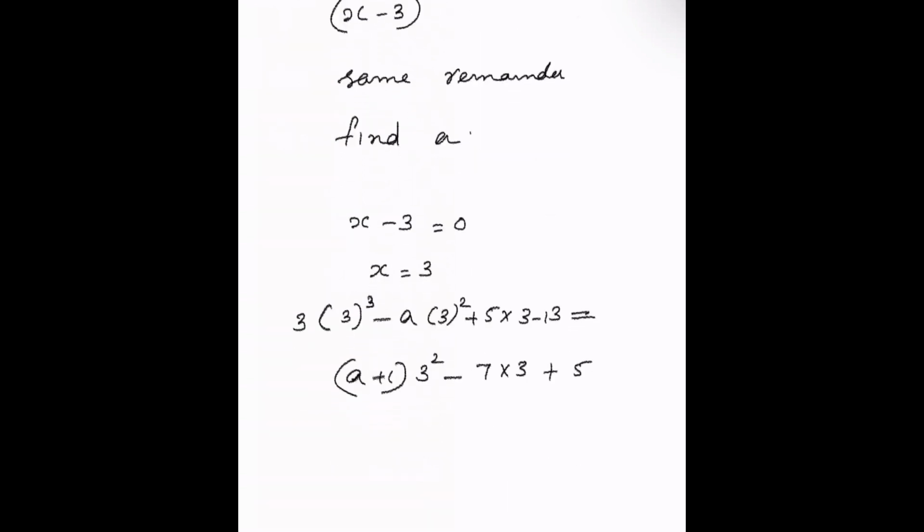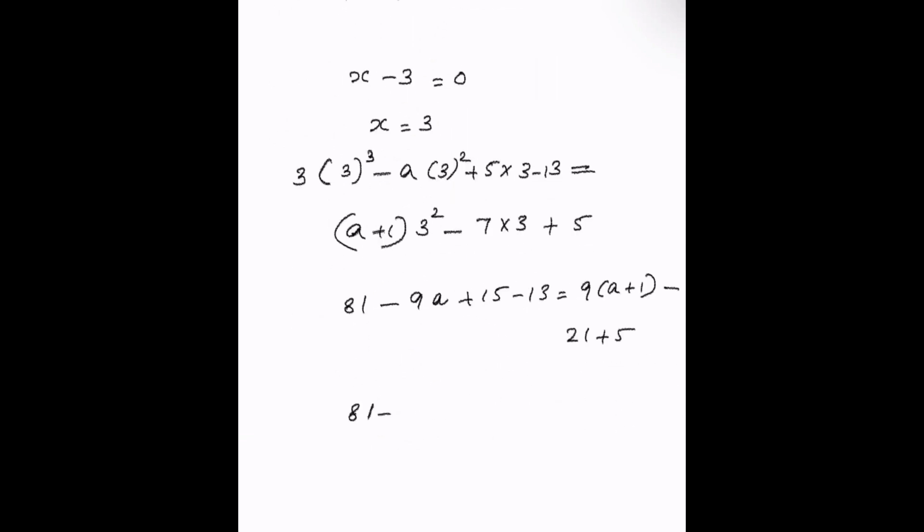Solve this equation. What do you get? 27 into 3 is 81. 81 minus 9a plus 15 minus 13 is equal to 9 into (a plus 1) minus 21 plus 5. 81 plus 2 is 83, so 83 minus 9a is equal to 9a plus 9 minus 21 plus 5.